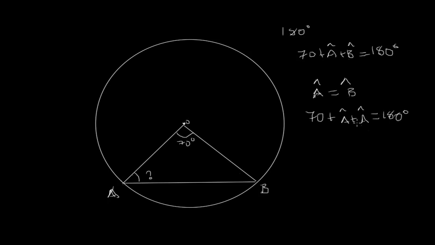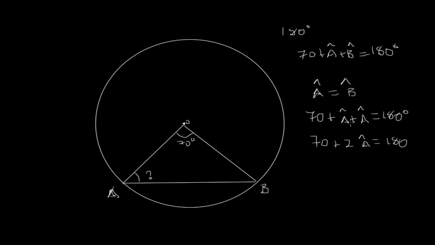The reason we have two A's is because this angle and that angle are the same. If we say this is X, this is also X. If we say this is Y, this is also Y. If this is angle A, this is also angle A. If this is angle B, this is also angle B. So we've got 70 plus A plus A gives 70 plus 2A, which equals 180 degrees.